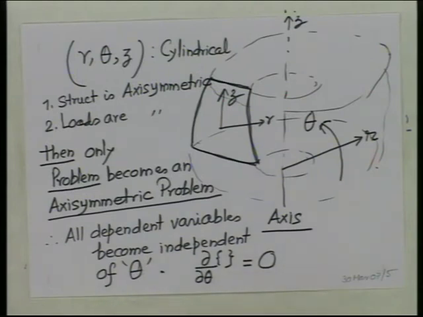So, one is that you get an axisymmetric solid, and the second is that the loads acting on it are also axisymmetric. What is the meaning of axisymmetric? Independent of theta. Quantities do not change with respect to theta. Theta is this rotation. The axis is the z axis, perpendicular to that is r, and this rotation is theta.